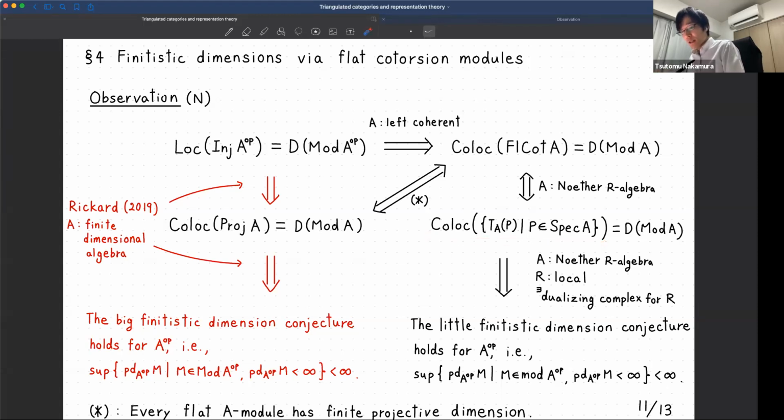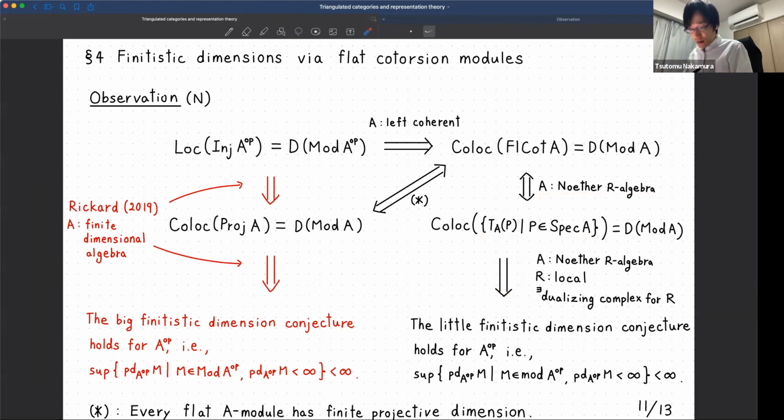But especially for a Noetherian algebra, we know what they are already by my theorem with Ryo Kanda. This description is important for me to show the next implication.